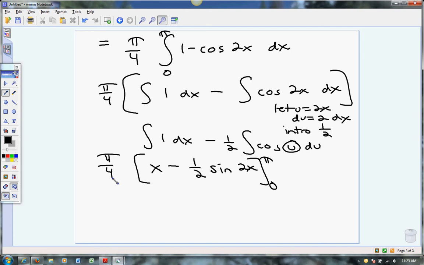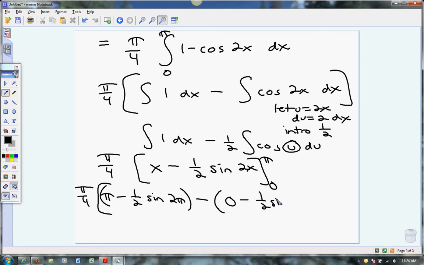Okay, so let's see, pi fourths times, let's see, pi minus 1/2 the sine of 2 pi, that's the first part, minus 0 minus 1/2 the sine of 0, so that's just going to be 0.